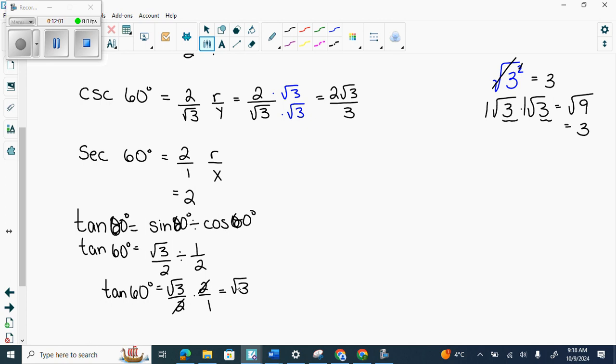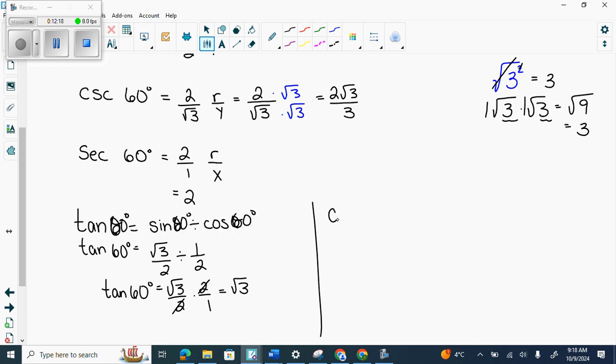What would cotan of 60 be? In the end, yes. Because you would flip it, correct? Or you could write it out, you could either flip this and make it be 1 over root 3 and then rationalize it as root 3 over 3.